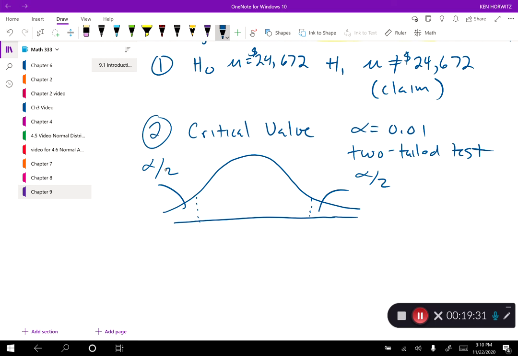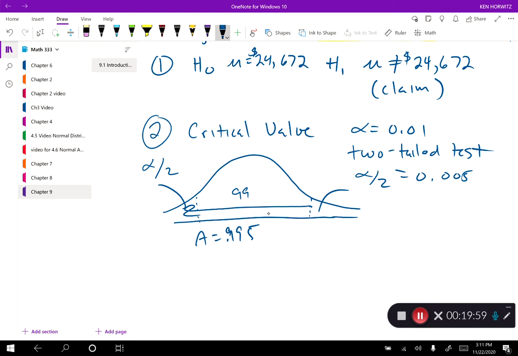So that would be 0.005, and this is 99 all the way back. So we're looking for area of 0.995.